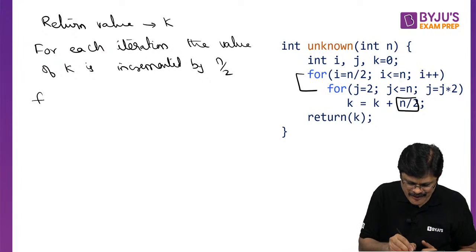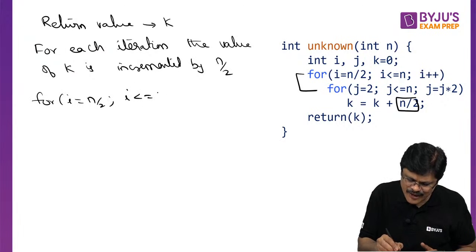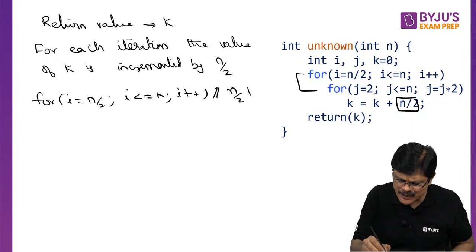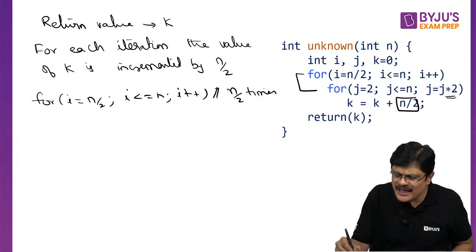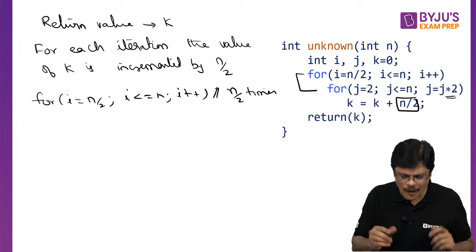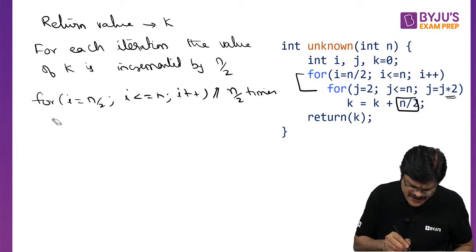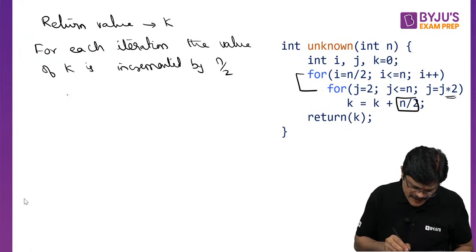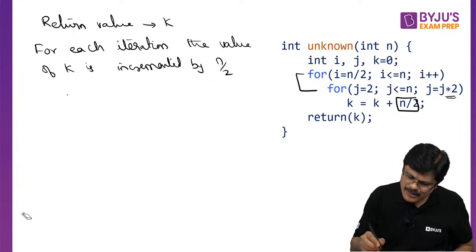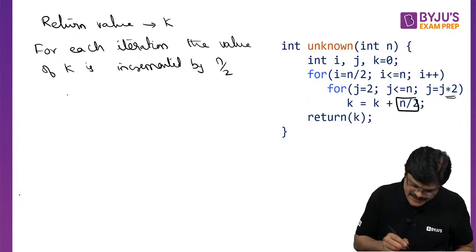Just see this loop. For i equal to n/2 to i less than or equal to n, i plus plus. So this one will be n/2 times, because n/2 to n means n/2 times, and the inner loop j equal to 2 to n in multiples of 2 will take log n times. I am counting the number of iterations.